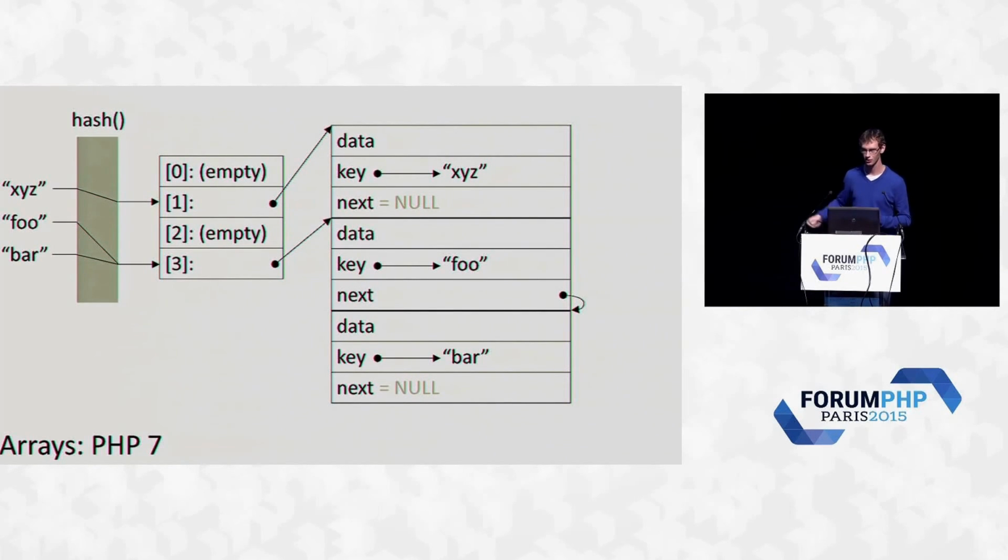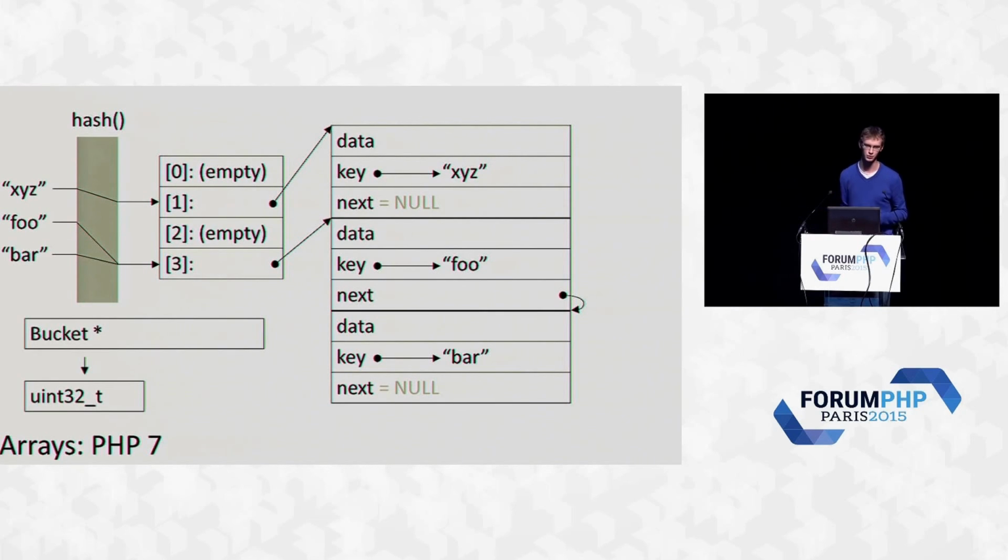So we simply say, okay, this is bucket 0, this is bucket 1, this is bucket 2. And the nice thing about this is that an index is smaller than a pointer. At least if you don't want to support arrays with more than 4 billion elements, which is sort of an unusual use case for PHP, so yeah, it's not much of a loss.